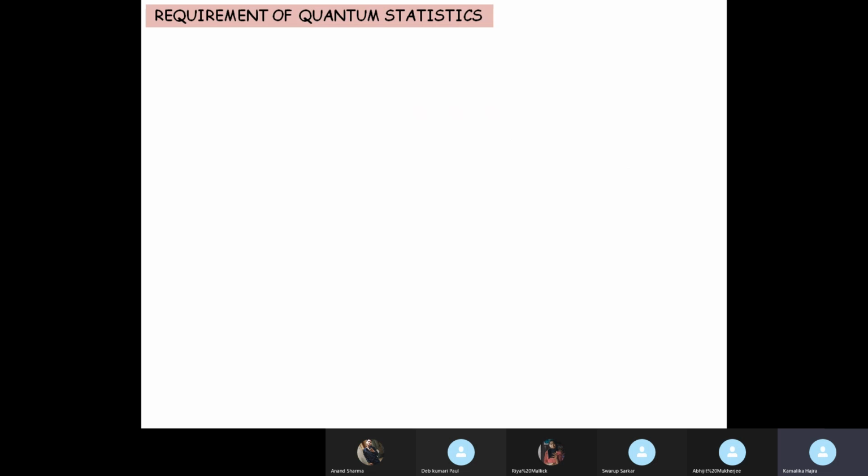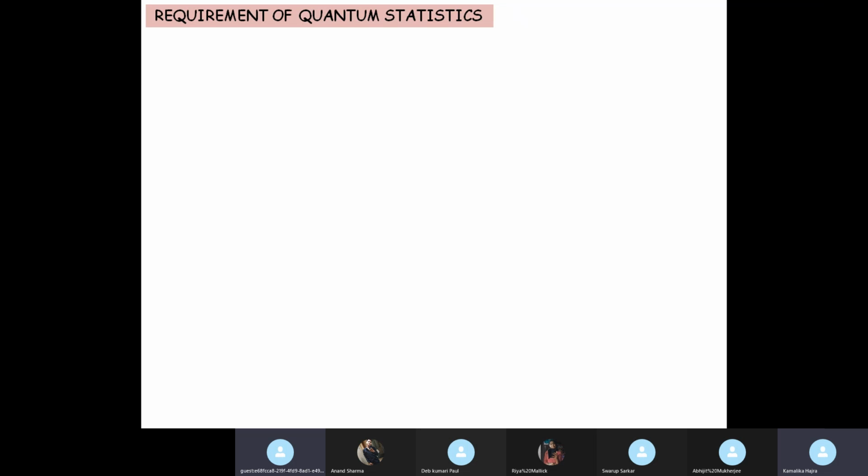Okay. Now comes very, very important. Why do we require quantum statistics? Because Maxwell-Boltzmann statistics had been there for a long time, and it would well explain kinetic theory of gases, etc. Okay, so obviously by now we know that since quantum mechanics revolutionized a lot of things, therefore the presence of a new mechanics also entails the requirement of a new statistics.